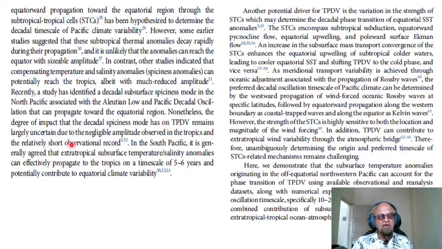Nonetheless, the degree of impact that the decadal spiciness mode has on TPDV remains largely uncertain due to the negligible amplitude observed in the tropics and the relatively short observational record. In the South Pacific, it is generally agreed that the extratropical subsurface temperature and salinity anomalies can effectively propagate to the tropics on a time scale of 5 to 6 years and potentially contribute to the equatorial climate variability.